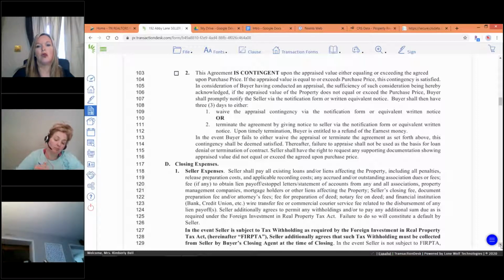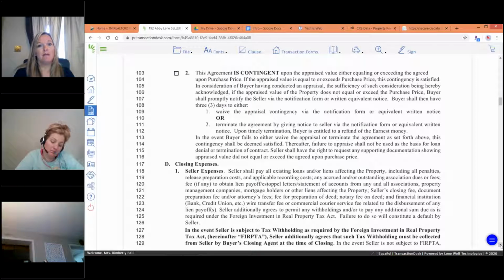So, the seller has the right to ask for documentation. If that's the case, everything is negotiable. You can always go back and ask for it to be negotiated.